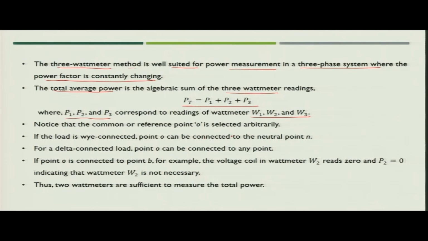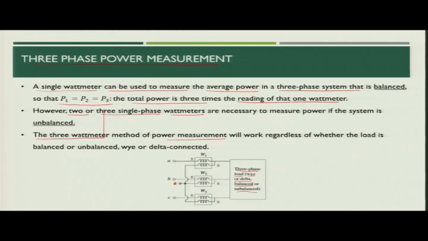Now, we have taken the reading with reference to common point O. So, we have selected it arbitrarily, but generally in case of Y connection, O will be nothing but the neutral point, so that the voltage which you see across the potential coil will be the phase voltage.